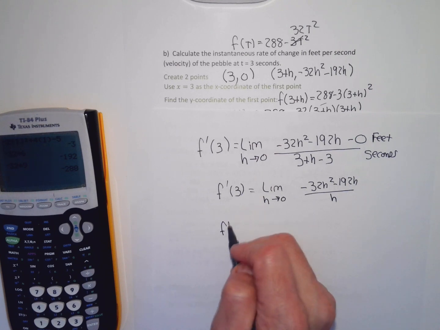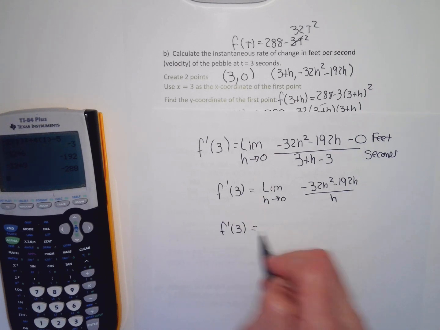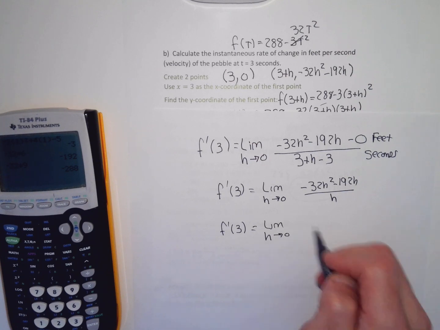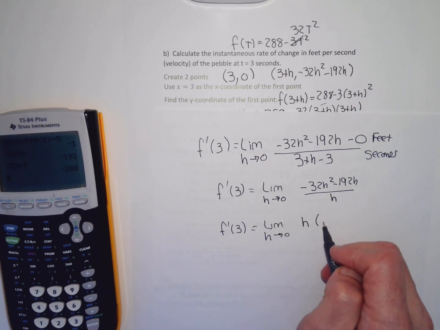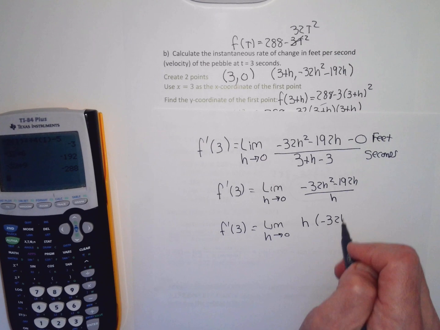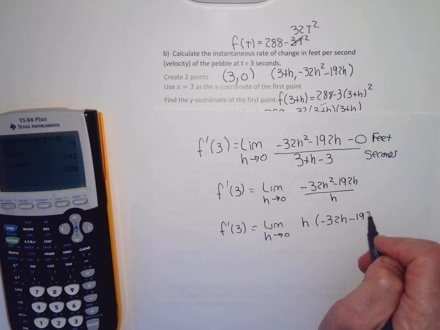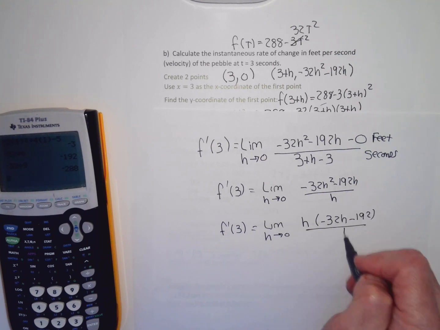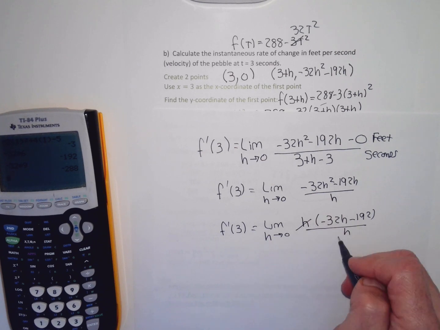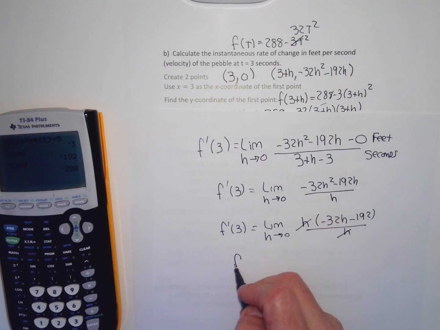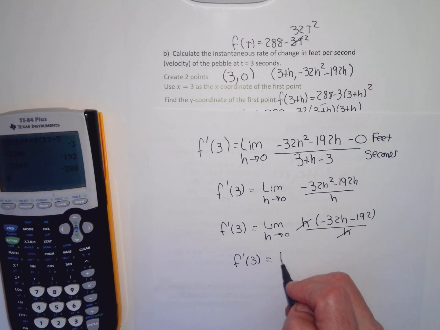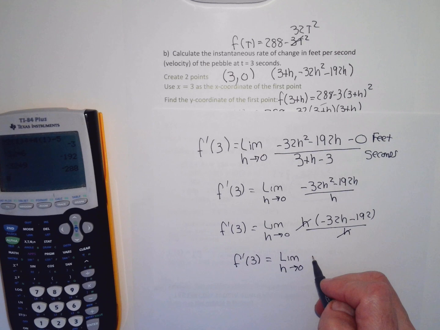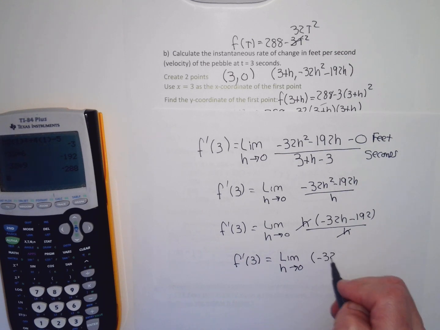Now I'm going to factor out an h from the numerator, and get the limit as h goes to 0 of h times negative 32h minus 192 over h. I'm going to cancel, and get the instantaneous rate of change, which is the speed, more properly the velocity at 3 seconds.